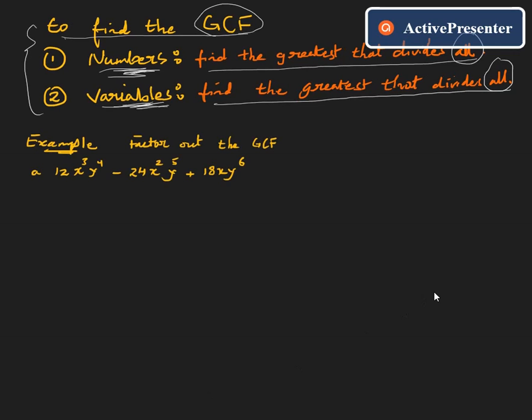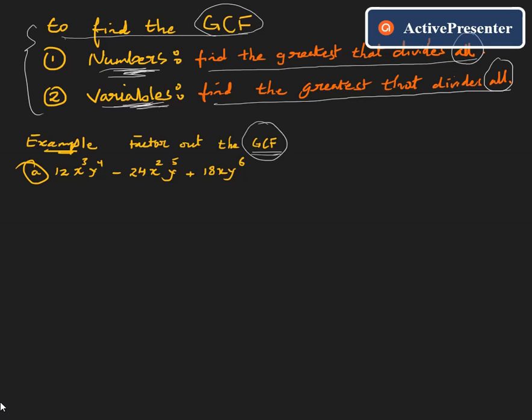For example, factor out the greatest common factor of this question, which is 12x cubed y to the power 4 minus 24x squared y to the power 5 plus 18xy to the power 6. So how do we factor out the greatest common factor?